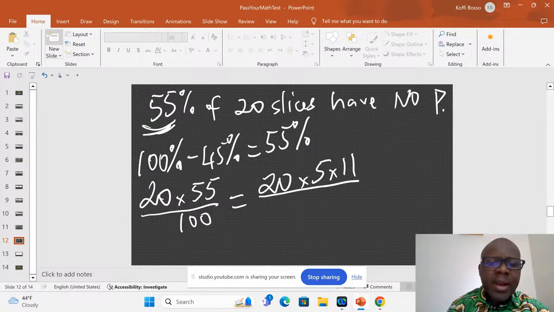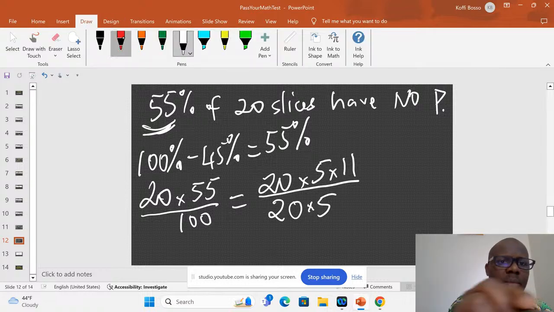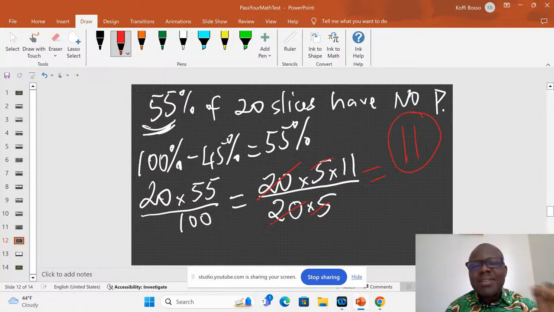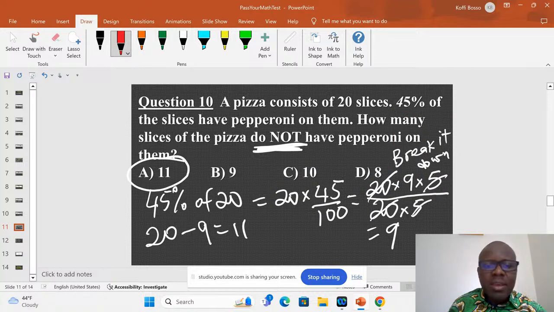The 100 I will break down as 20 multiplied by 5. Now you can cross out common values from top and bottom, and we get 11. So this time that 11 is directly the answer, because we are using the percent for do not have pepperoni. You don't need to do any subtraction. So the correct choice is A. So B, C, D are out.